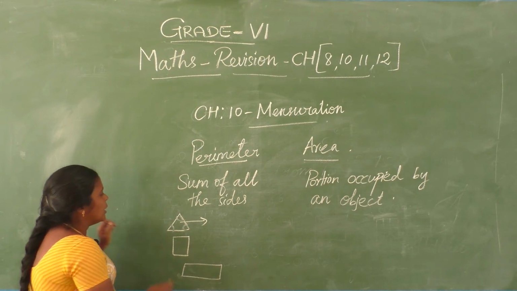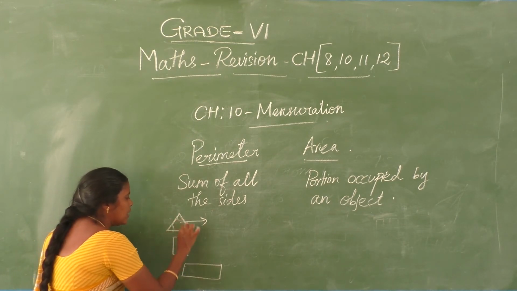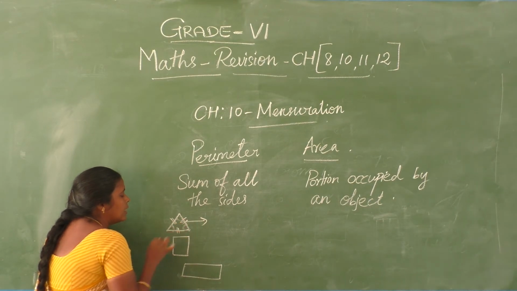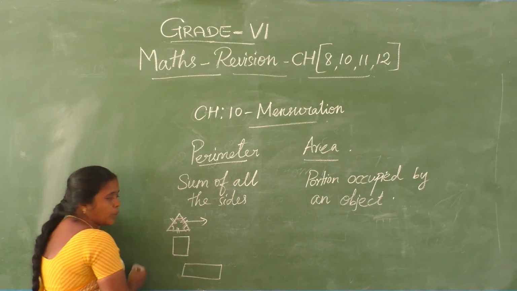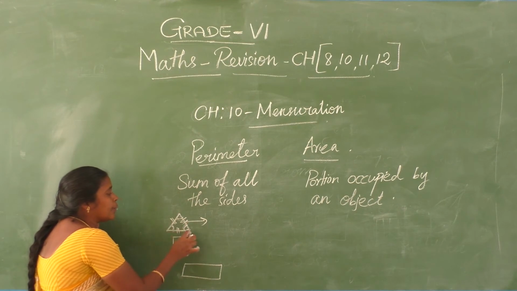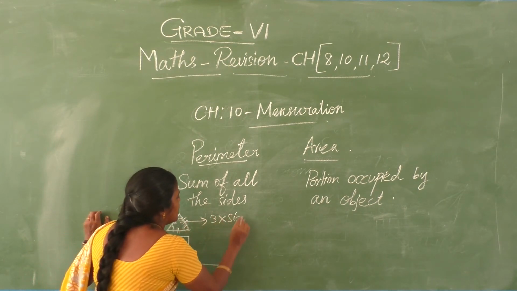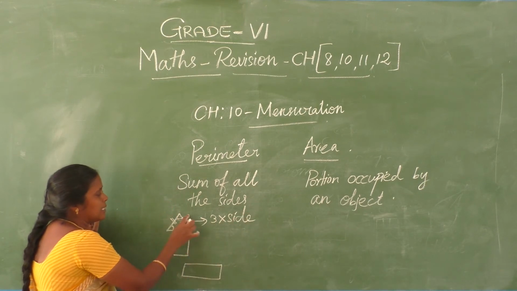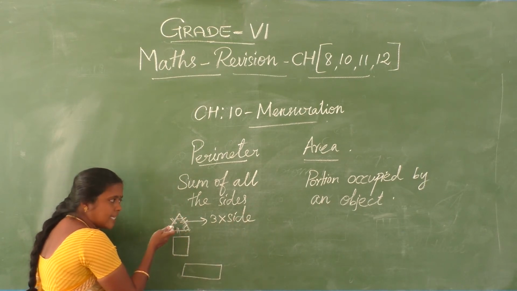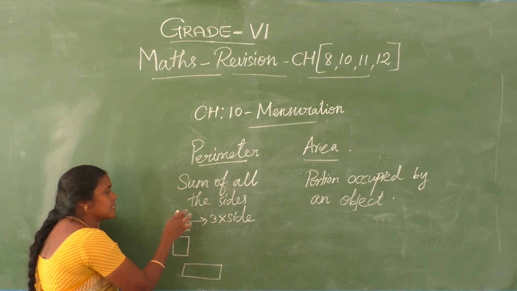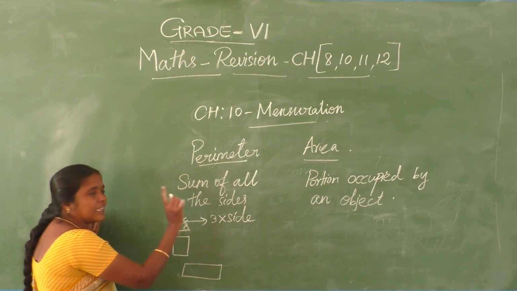It has all the sides equal and all the angles also equal. At that time, what is the perimeter? 3 into side. Perimeter means sum of all the sides. Here it has 3 sides, all equal, so instead of adding, we can multiply by 3.